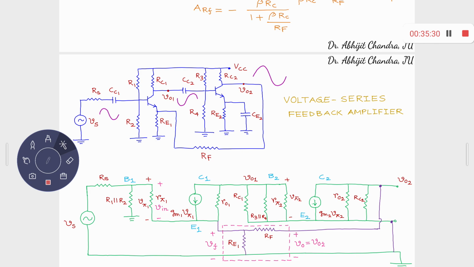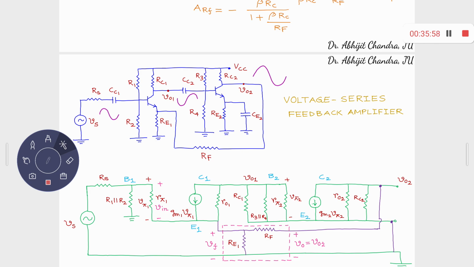In other words, if this voltage goes positive, this voltage goes negative. Now, the stage 1 output is coupled to the stage 2 input. In the small signal models, they are shorted. So when this goes positive, this goes negative.